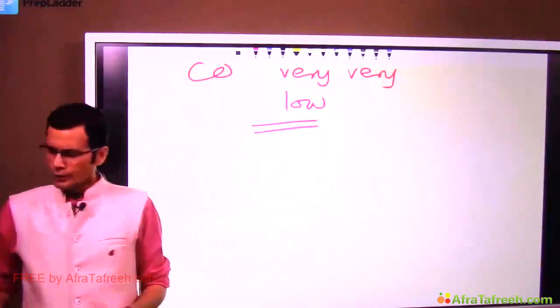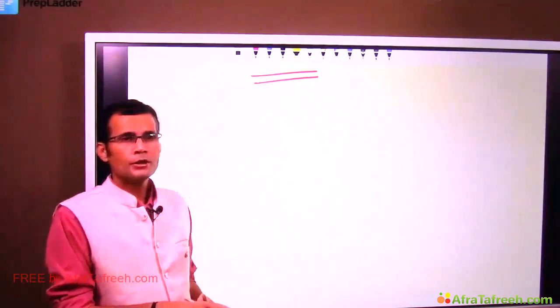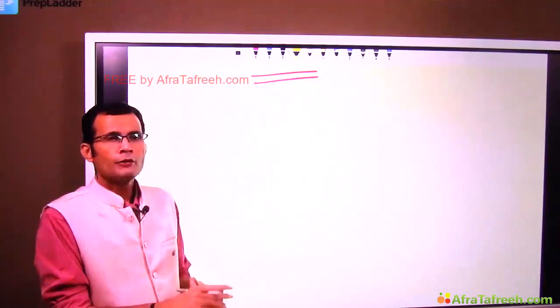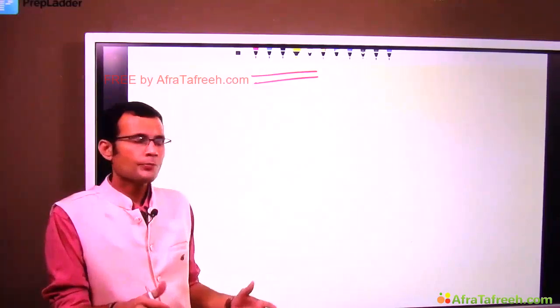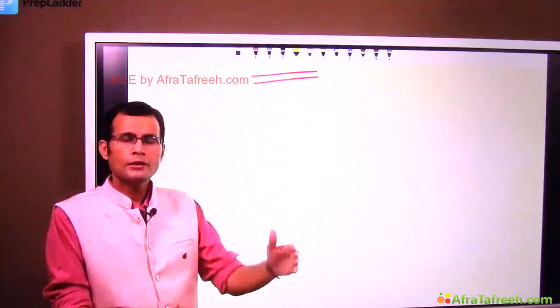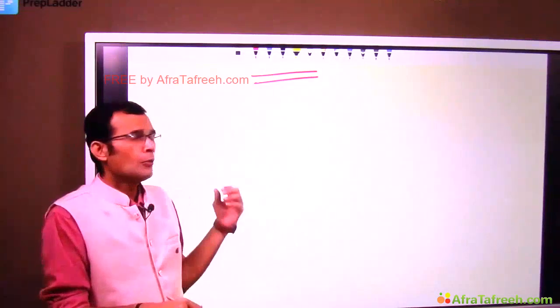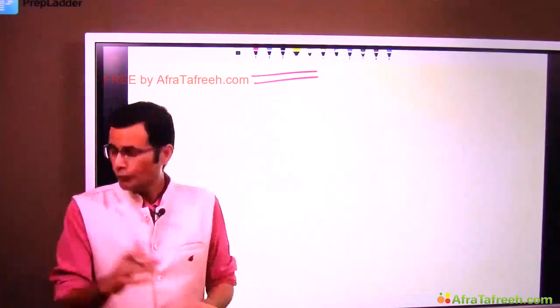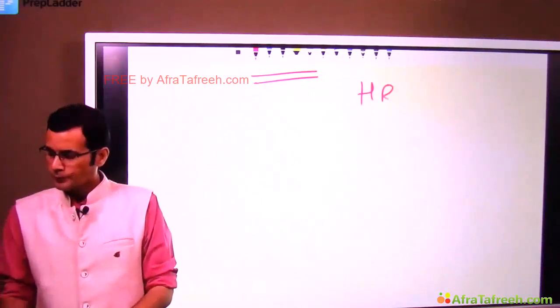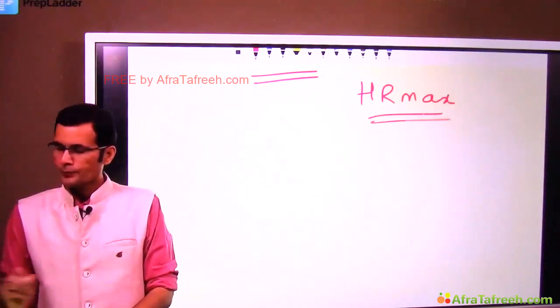There was a clinical type of question. A 40-year-old person is on the treadmill. What will be that person's HR max?